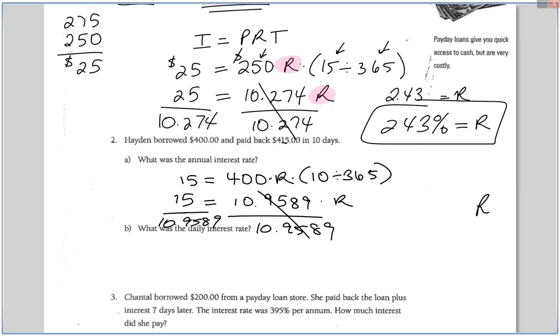Then you solve for R. 15 divided by that is 1.369 after rounding. So I'll round one more time. When I convert to my percentage, it is 137% interest rate for an annual amount. We're not going to do any questions that involve daily, so you can cross out B.